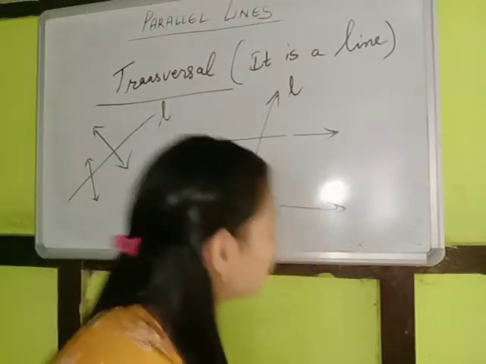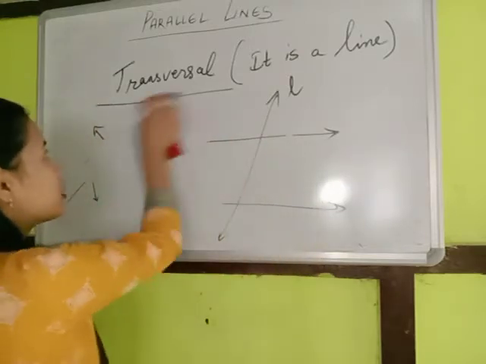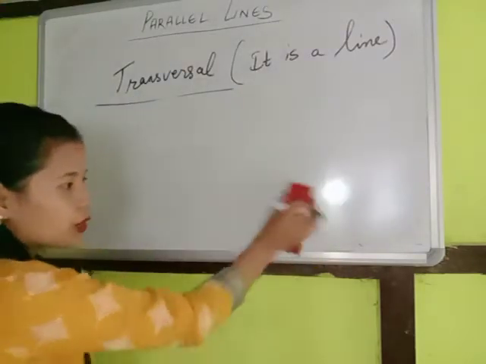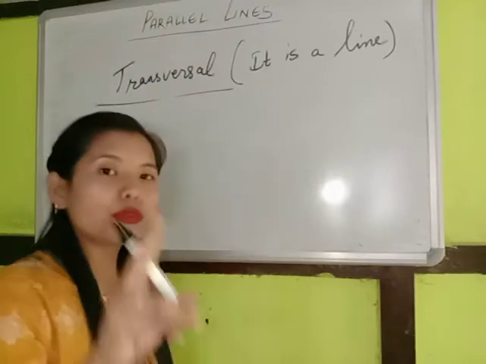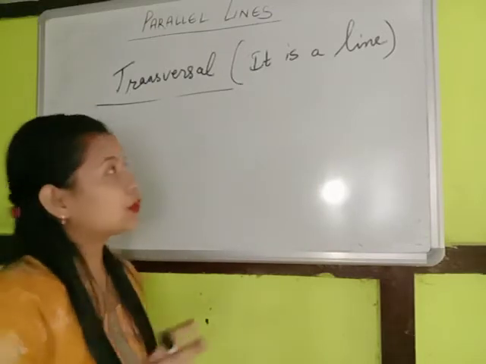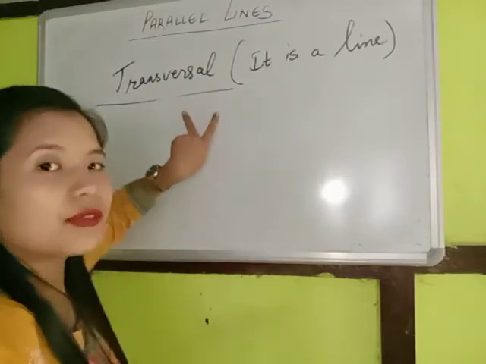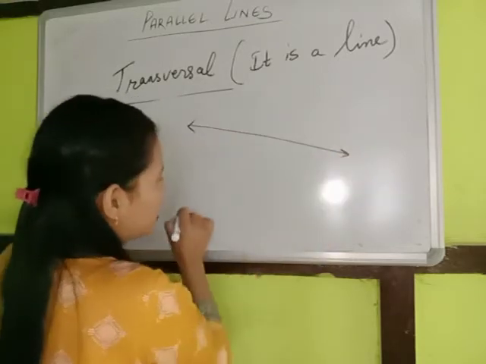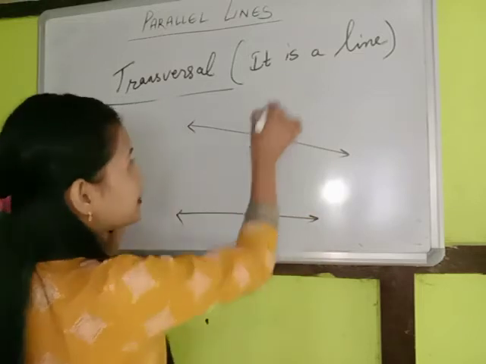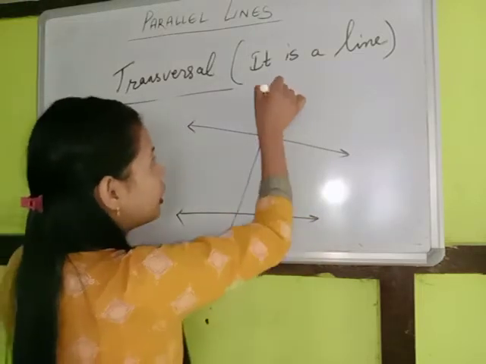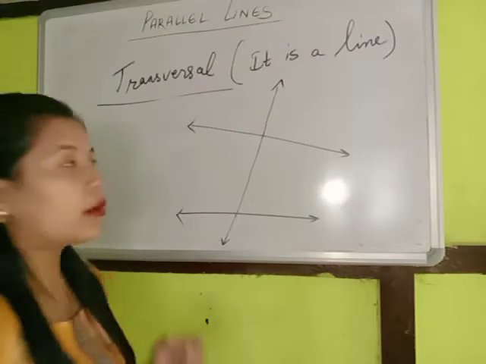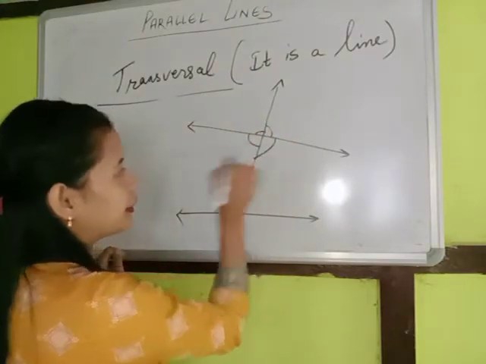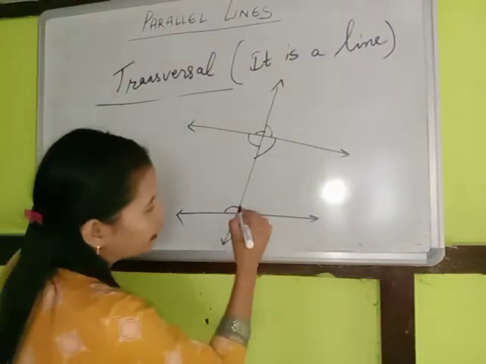If you look at the book, the definition will be more clear. A transversal is nothing but a line which crosses over two straight lines. If you have these two lines and a transversal, you see there are certain angles formed, right? You see an angle formed here, here and here, and here also.